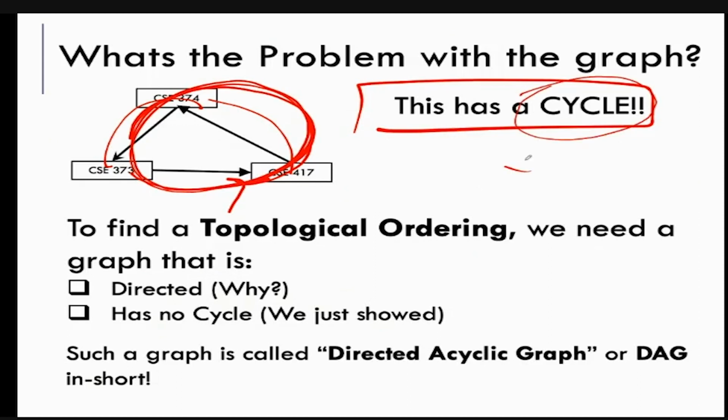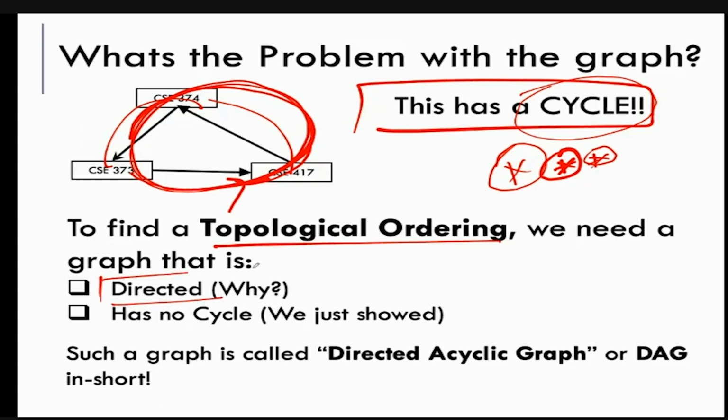So if your graph has a cycle, then you surely do not have any topological sort of that graph. To find the topological ordering or topological sort of a graph, your graph has to be directed, as I said before. For the first thing, your graph has to be directed.